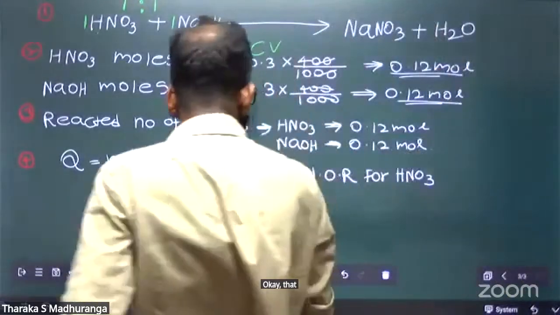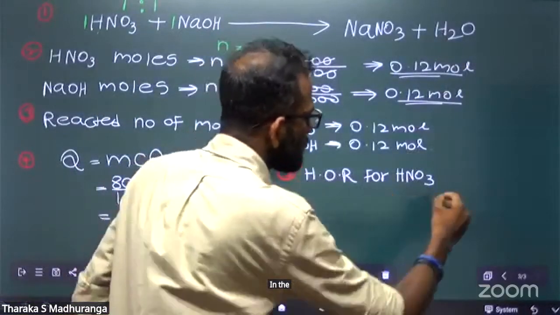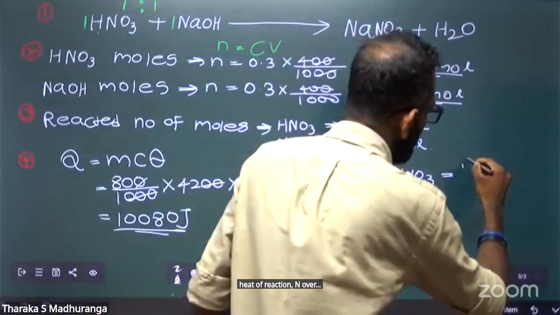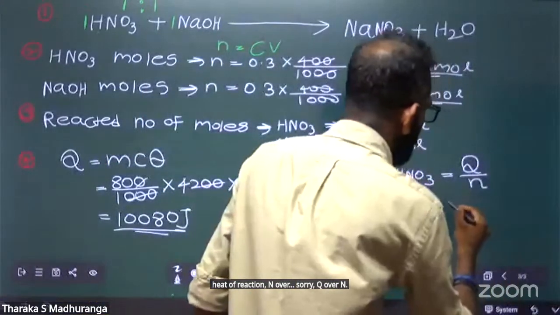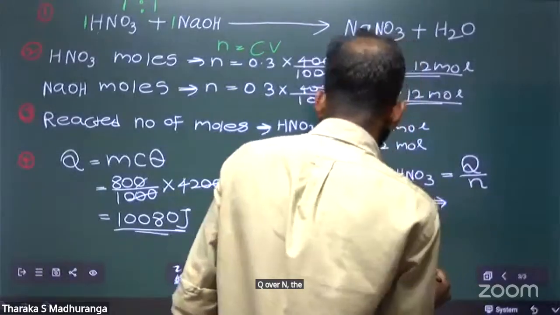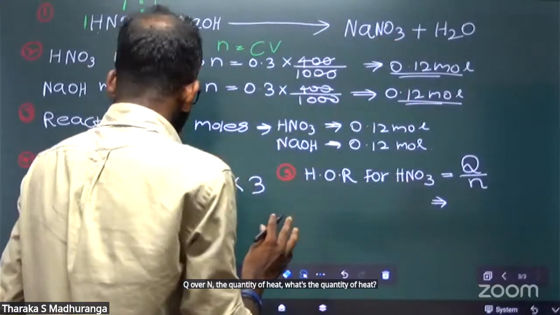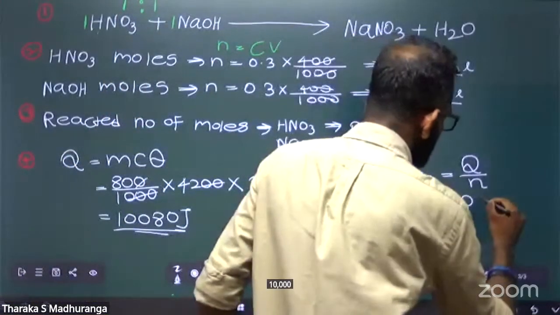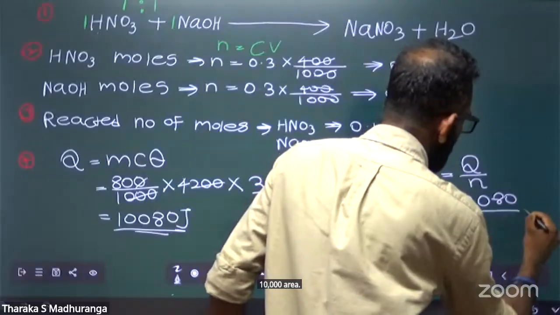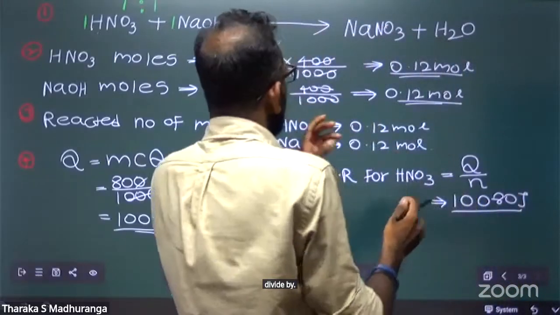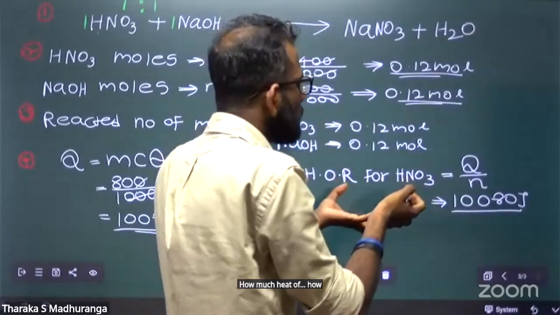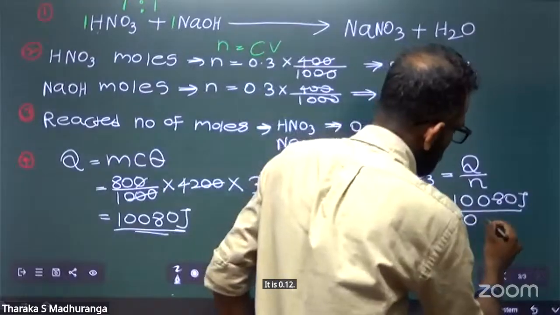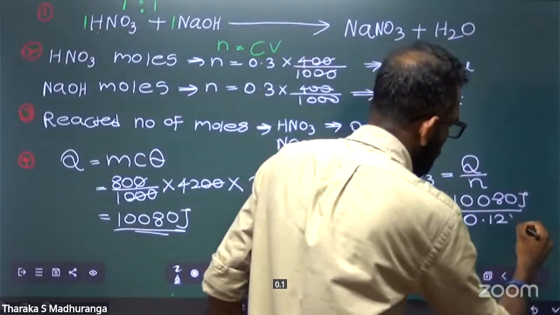Okay, that's the meaning. Then the heat of reaction equals Q over n. What's the quantity of heat? 10,080 divided by how many moles of HNO3 reacted? It is 0.12 mole.